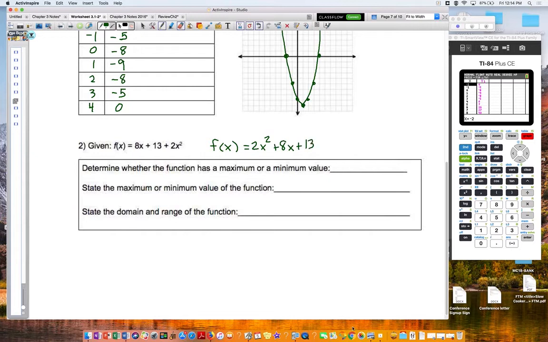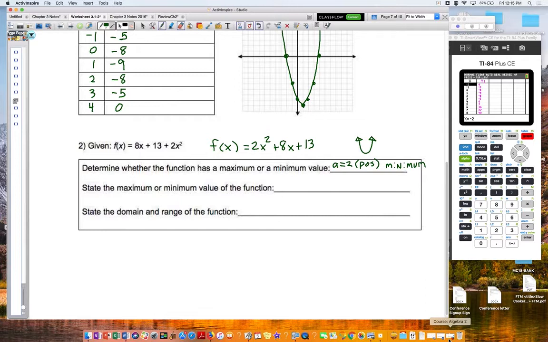So since a is positive, a equals 2, that means my parabola is opening up, which means I have a minimum value. Sorry about that, I forgot the minimum there.